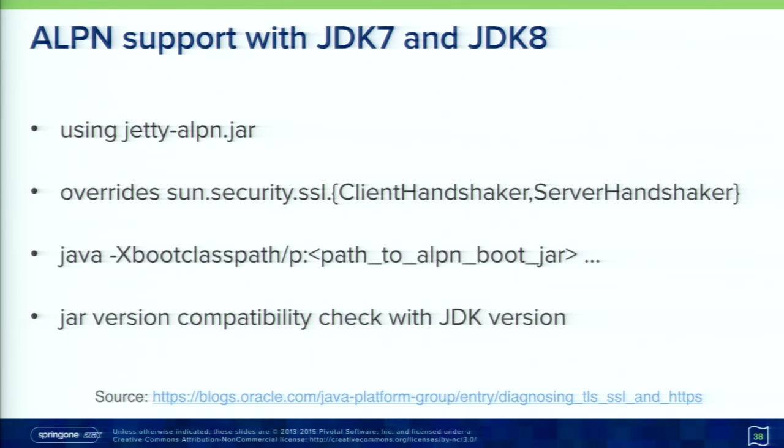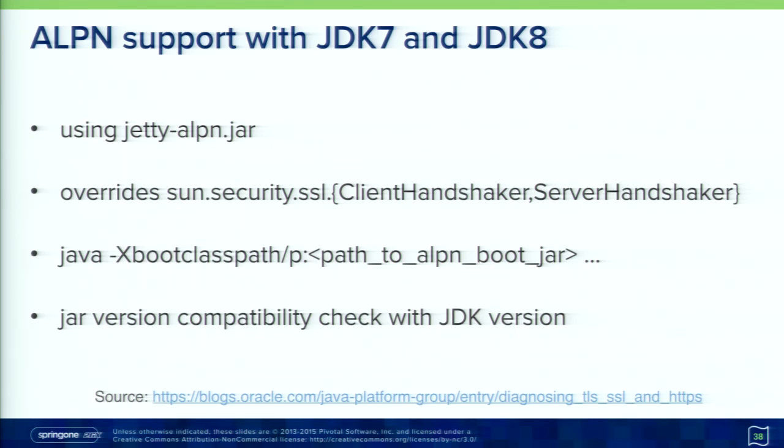That's the part where you're dealing with the handshake, TLS handshake. So those classes need to override those native JDK classes, and to do that, you have to use the boot class path argument when you're starting your JVM with the prepend, the P for prepend, because those classes you're providing must be loaded before the JDK classes. If you don't do that, you're lost. You can't support ALPN and HTTP2 on the JDK 7 and 8.